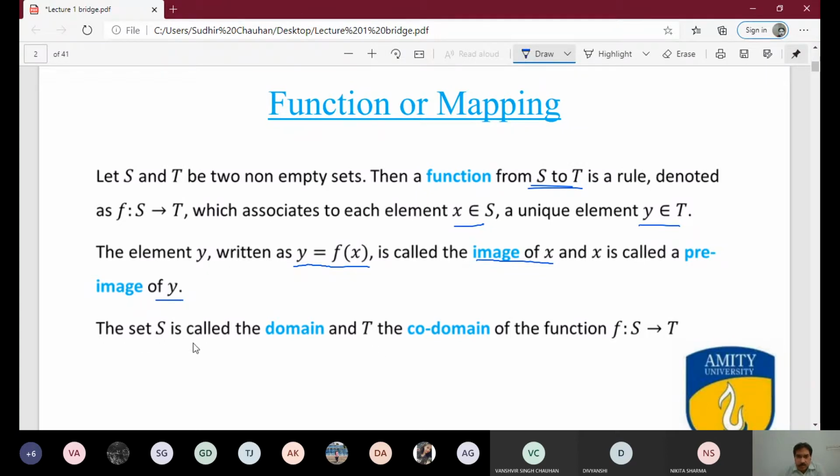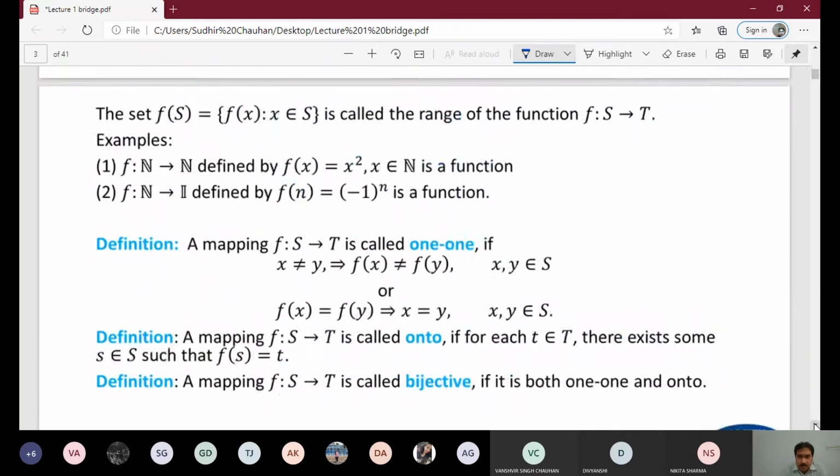So we have to remember that when there is a mapping or function f from S to T, then the set S is the domain and the set T is the codomain of the mapping f: S to T. Now the set f(S), that is f(x) where x belongs to S, is called the range of the function or mapping f from S to T. For example, if f is a mapping from N to N, that is the natural number set, defined as f(x) = x squared where x belongs to N, it is a function.